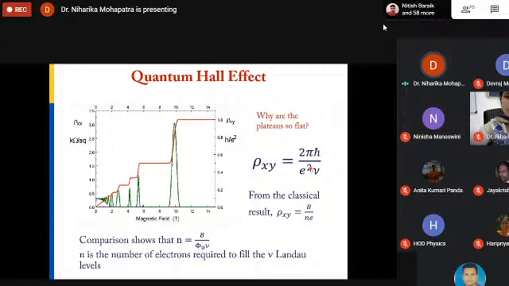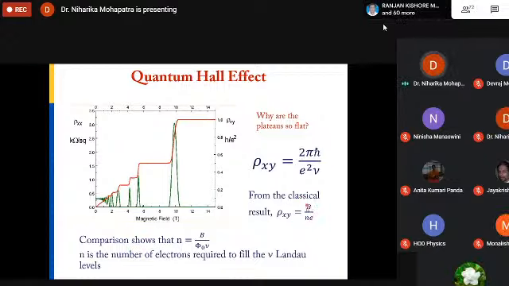And what are these steps? You get something like rho xy equals 2 pi h-bar squared by e squared nu, where nu is some sort of integer.